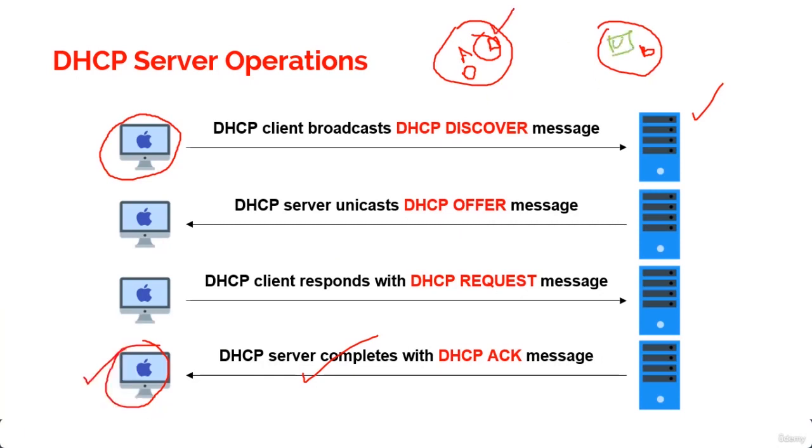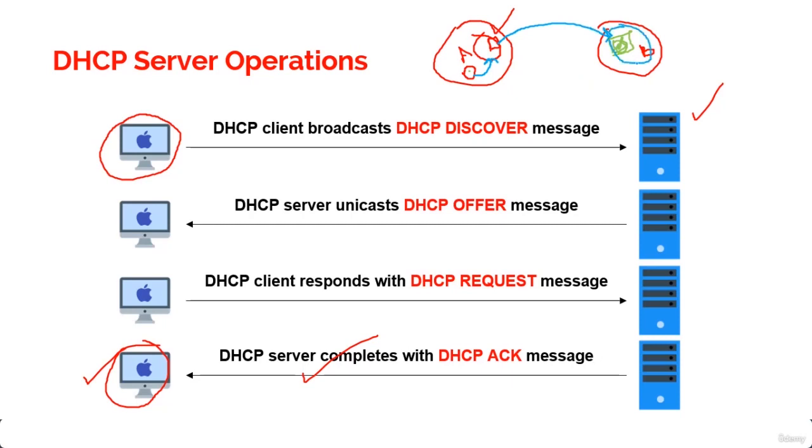Now, if you want to provide addresses from a DHCP server to hosts that are on the same local area network, you can configure your router to relay or forward the DHCP client requests. Don't worry, let me explain it in easy words. For example, let us say you have two networks. Consider this as the A network and consider this as the B network.